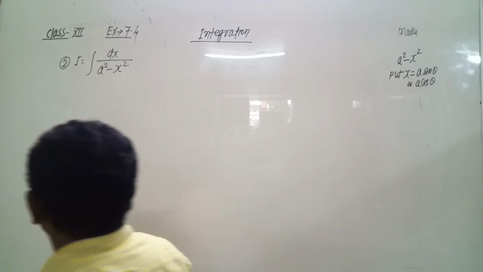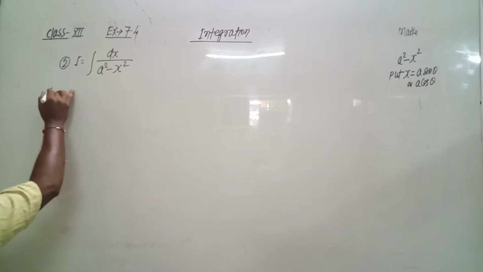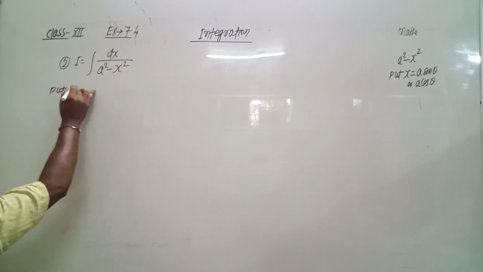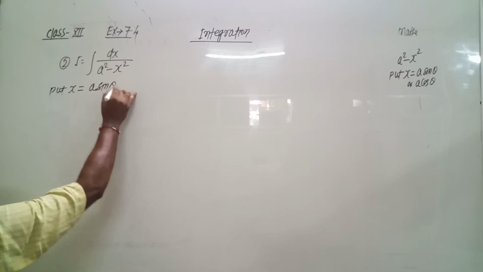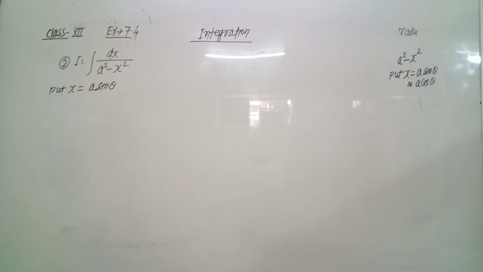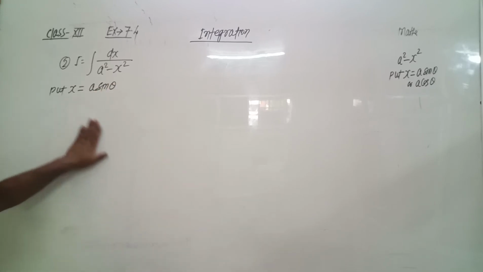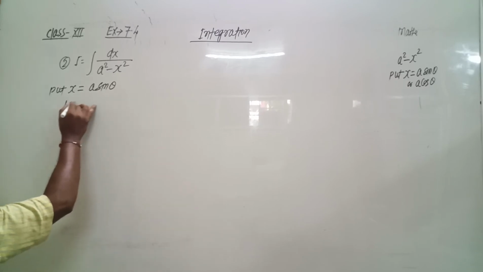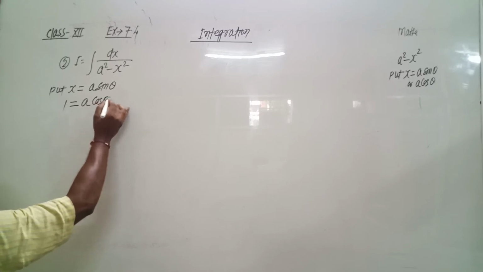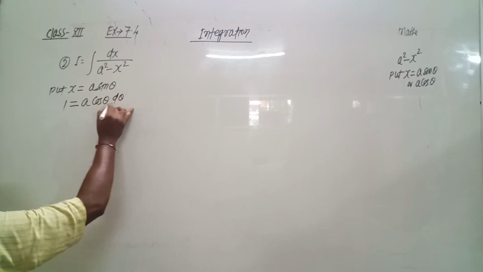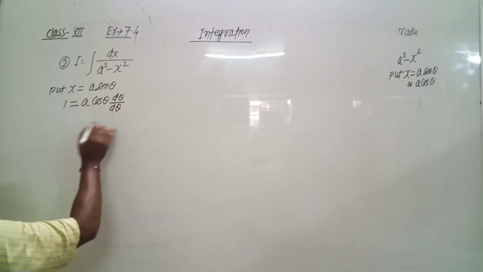So we will put x equals to a sin theta, and differentiate with respect to x. Differentiation of x is 1, a as it is, differentiation of sin theta is cos theta, and differentiation of theta is d theta by dx.